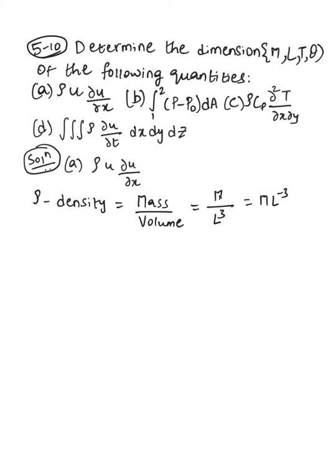Similarly, the second part is u, which we can call velocity. Velocity is a ratio of length to time.